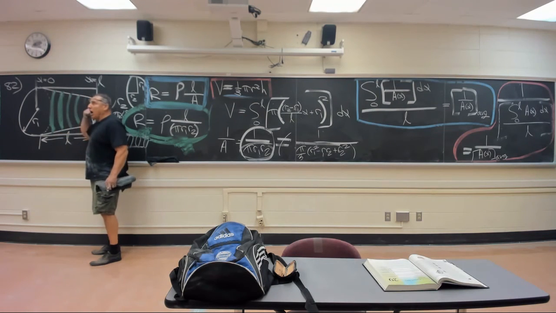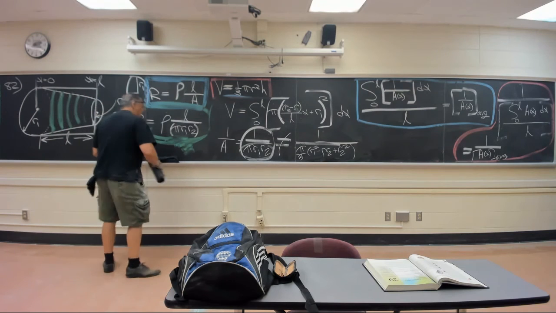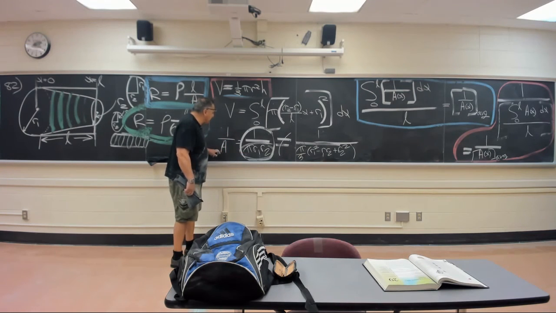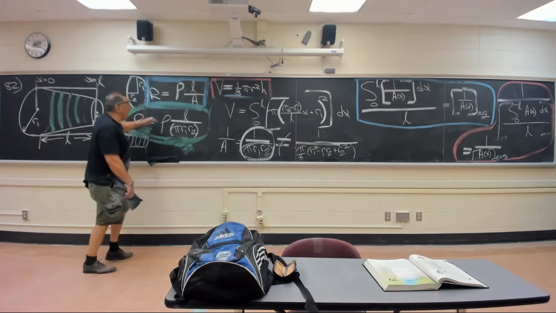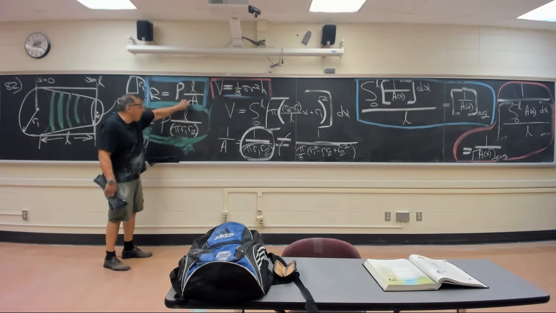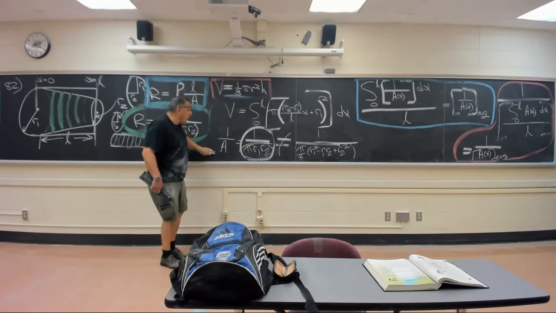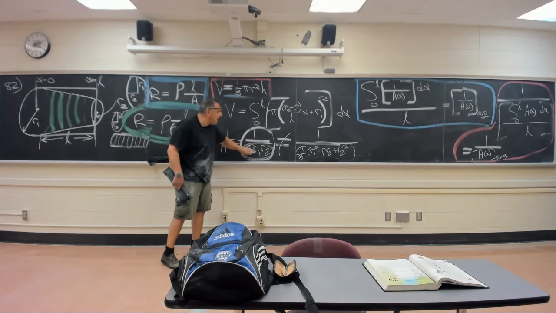The average of the reciprocals of the cross-sectional areas is 1 over the cross-sectional area of every cross-section of an elliptical cylinder, pi R1 R2.